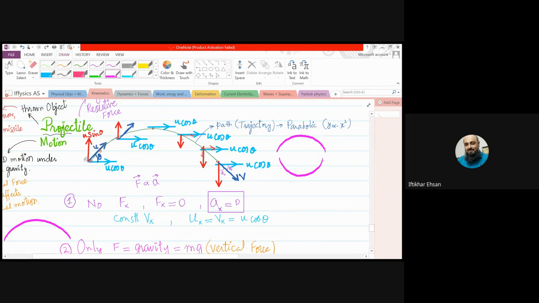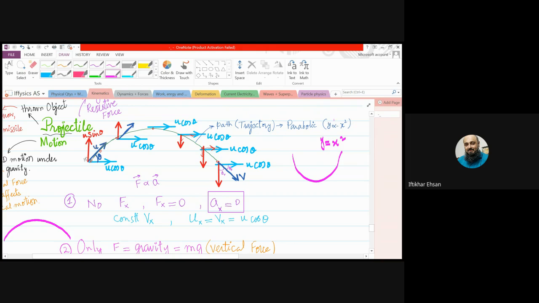The projectile follows this shape because gravity always acts downward, making it change like that. Mathematically, the trajectory is parabolic, and it has an equation like y equals x square, which students do in O level maths or Cambridge.